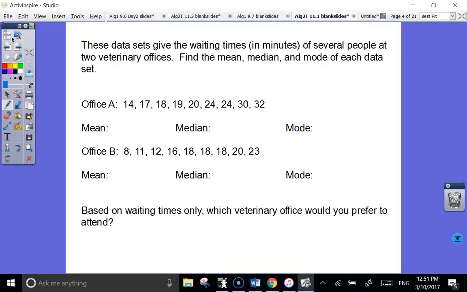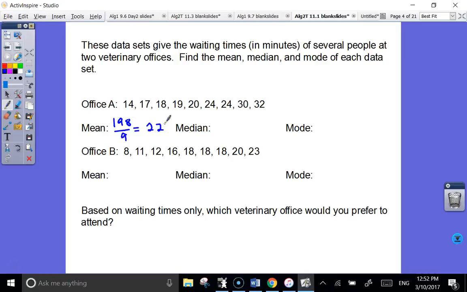I'm getting 198 is the total, divided by how many? 1, 2, 3, 4, 5, 6, 7, 8, 9. 198 divided by 9, which is 22.